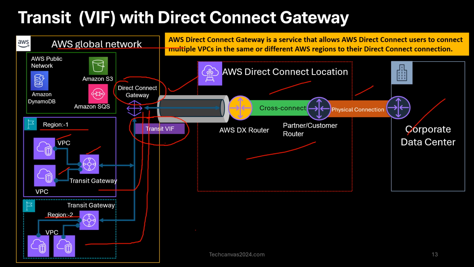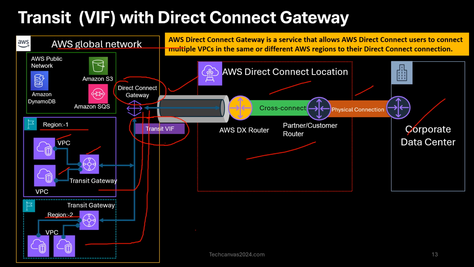So that is the extensibility or flexibility it gives you while you are connecting to multiple regions via a single transit VIF. A transit VIF should be used to access one or more VPCs. So when you want to access one or more VPCs, obviously you use this combination of Direct Connect Gateway with the transit VIF.